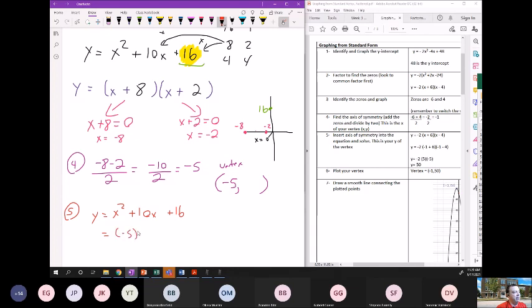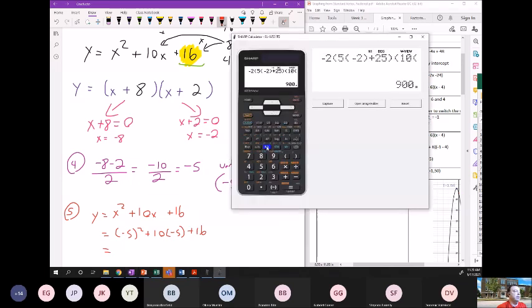Then I go -5 squared plus 10 times -5 plus 16. If I have a nice calculator, I can do all that at once. -59, really? Oh, I made an error. That should be bracket -5 squared.